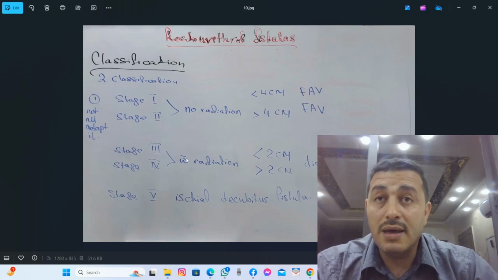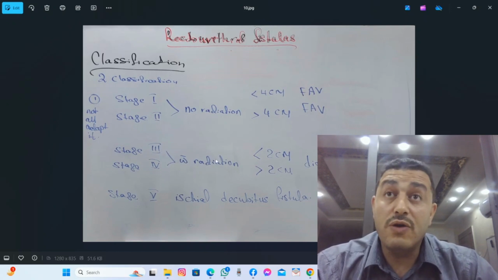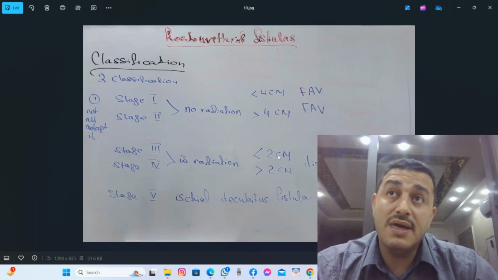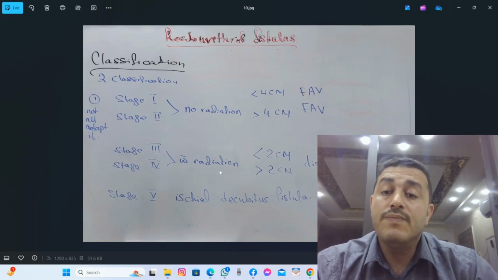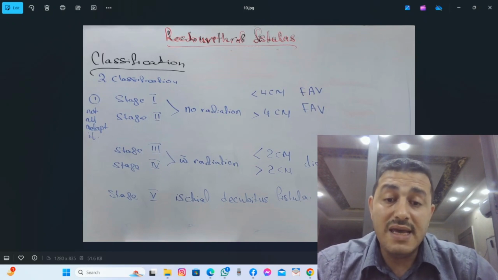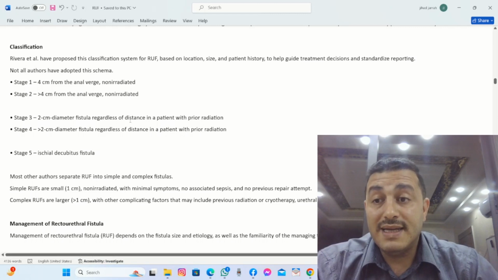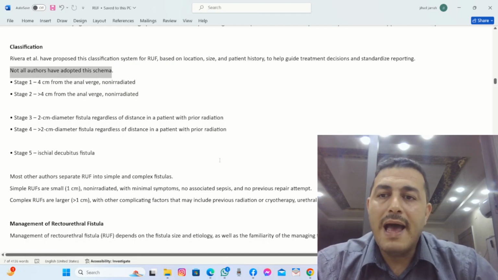We do not care about the location from the anal verge. What is important for us is the diameter. Less than 2 centimeters, stage 3; more than 2, stage 4; and we have stage 5, which is ischial decubitus fistula.